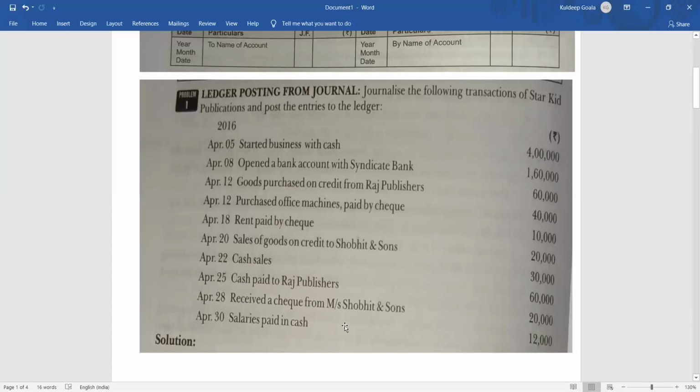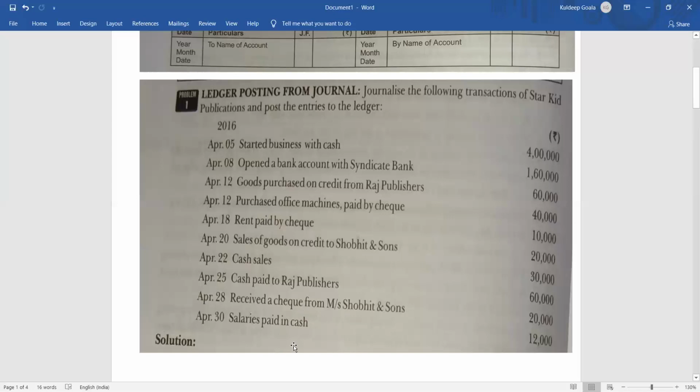Then received a check from Sobhit and Son, right? Check we have received. Now whenever you receive a check, I told you to mention it either as check in hand or bank account, depending on whether the check is deposited on a later date or no information is given. If there is no information, then you write down bank account. Now if it is told that the check was deposited on some other day, then you write down check in hand account.